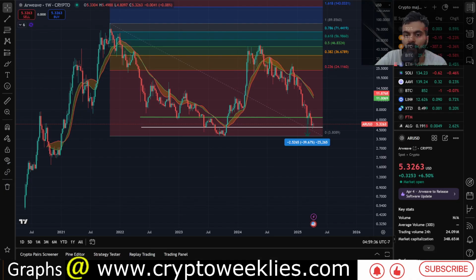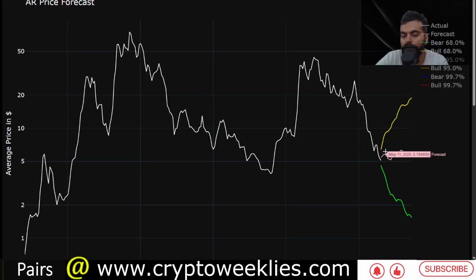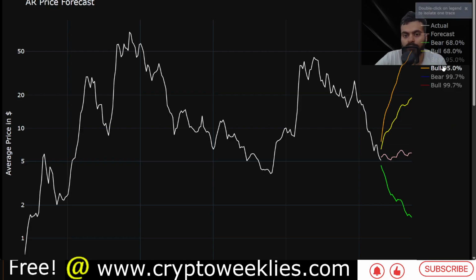A $19 RV would be still lower than the 0.23 fib level from its previous all-time high at around November 2022 at around $89.